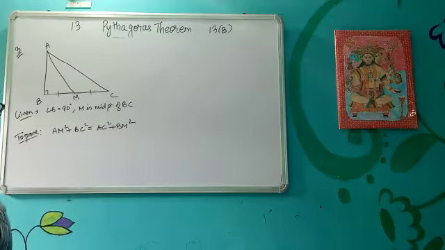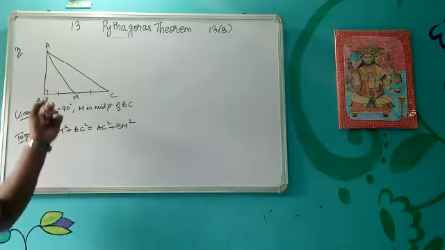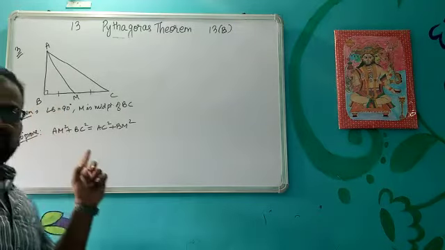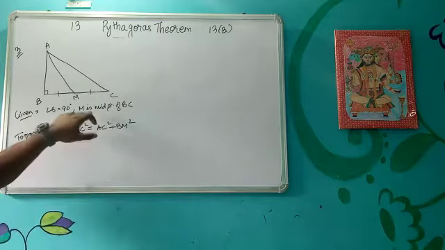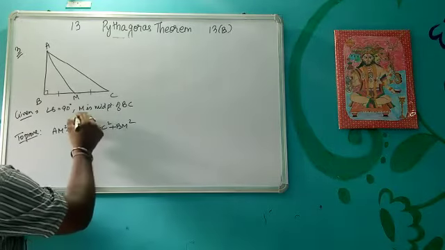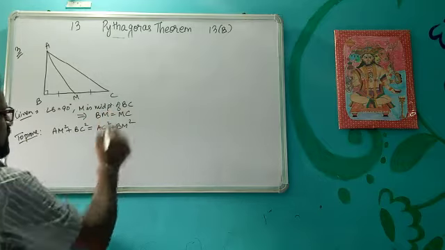Okay, so let's discuss a different type of question now. So in this triangle ABC, angle B is 90 degree and M is the midpoint of BC. So if M is the midpoint of BC, that means BM is equals to MC is given.